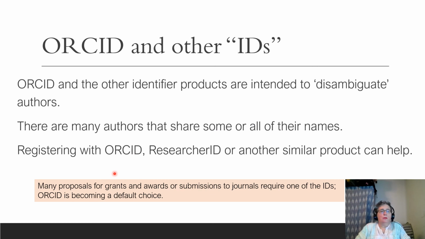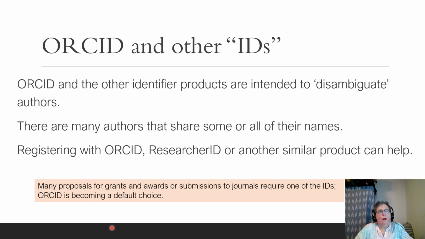Now, ORCID. There are identifiers. ORCID is one. There's researcher IDs. Different profile accounts will give you an identification number. I like ORCID because it's free and because it's international in scope.